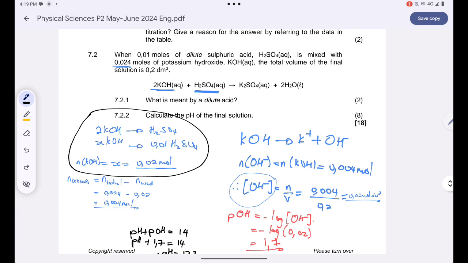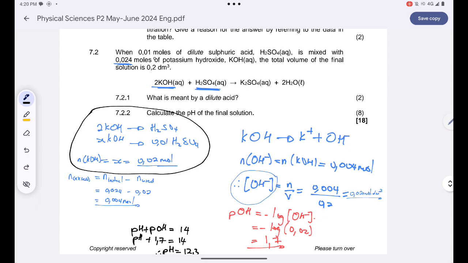I wanted to figure out that if I want to neutralize this amount of dilute sulfuric acid, how many moles of potassium hydroxide will I need? Then I found out that I only need 0.02 moles. But remember, initially I was given 0.024. That means my potassium hydroxide is in excess.